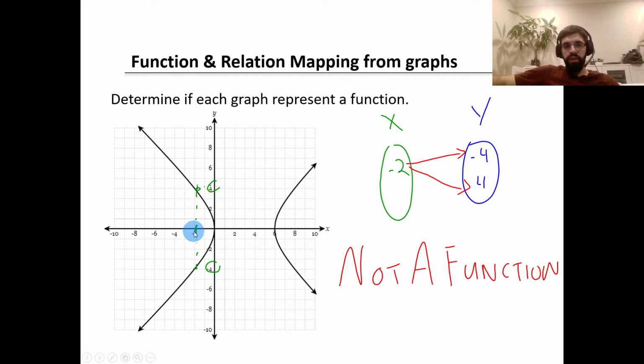However, if I go below the x-axis, I see -2 should also map to -4. So -2 maps to +4 and -4. Right there, because of this value, and we could pick other values just like it that'll give us multiple mappings as well, we already know that this graph does not represent a function.